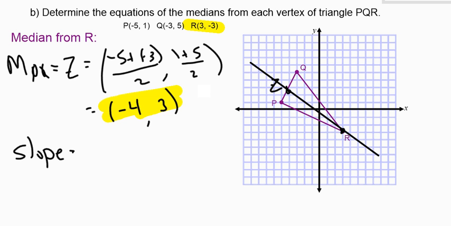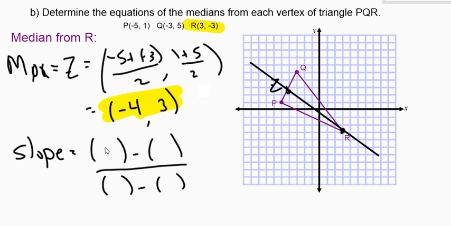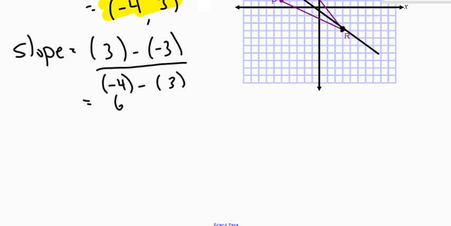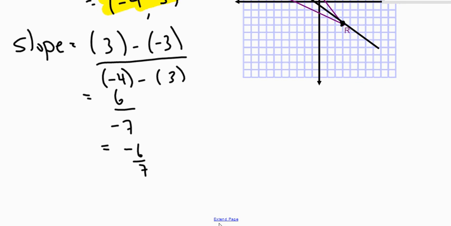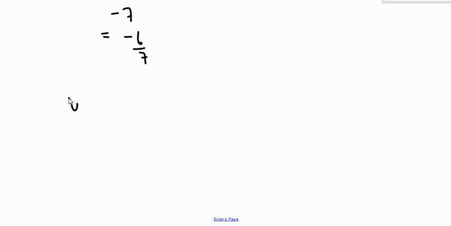So the slope formula, y2 minus y1 over x2 minus x1, so 3 minus negative 3 over negative 4 minus 3. So I get 3 minus negative 3 is 6. Negative 4 minus 3 is negative 7. And reducing that fraction means putting the negative sign in the appropriate place. So there's the slope. So far, this line has this equation.